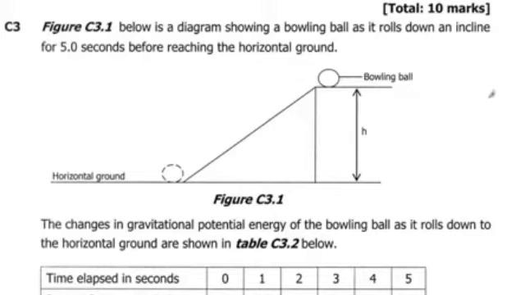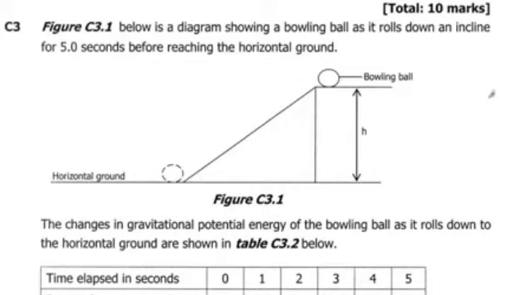The changes in gravitational potential energy, which is GPE, of the bowling ball as it rolls down to the horizontal ground are shown in the table C3.2 below. So this is the diagram.